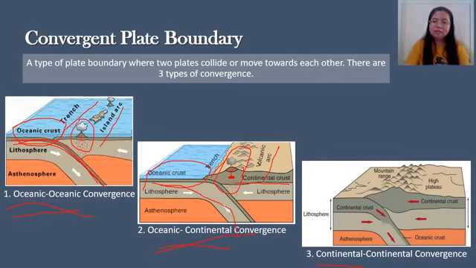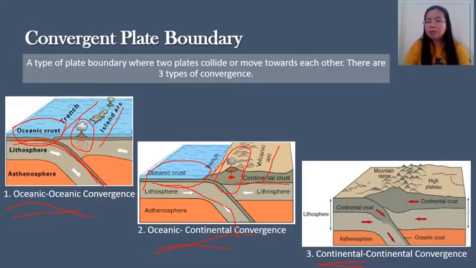Now, the last type of convergence is continental to continental convergence. No oceanic crust is involved in this type of convergence. Obviously, we have only two continental crusts.